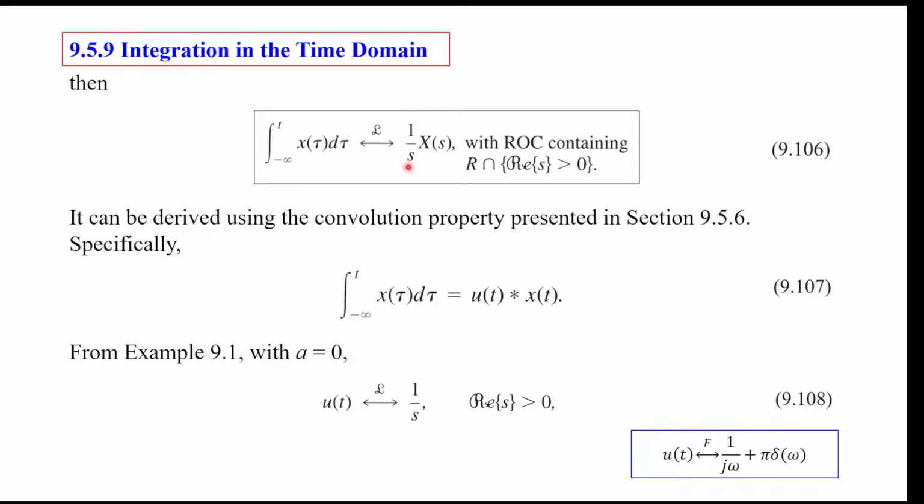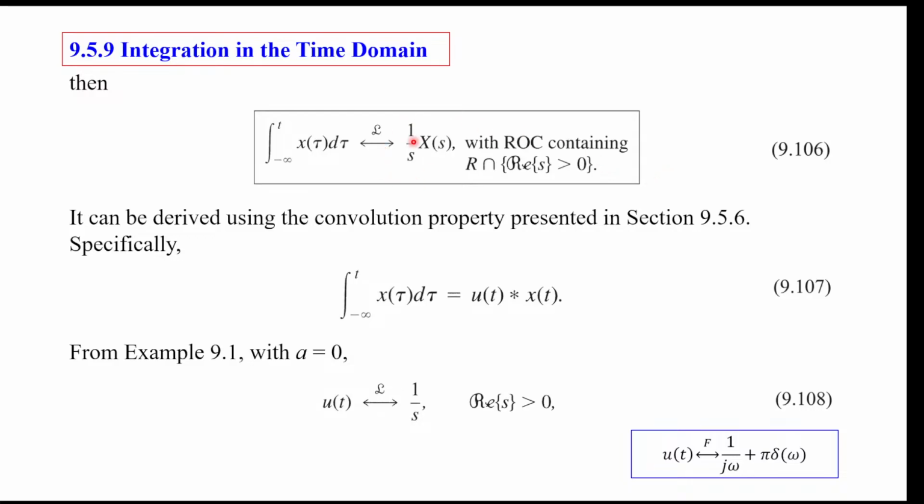Because this 1 over s might introduce an extra pole. So does anyone want to answer where this pole introduced by 1 over s is? Take a guess.